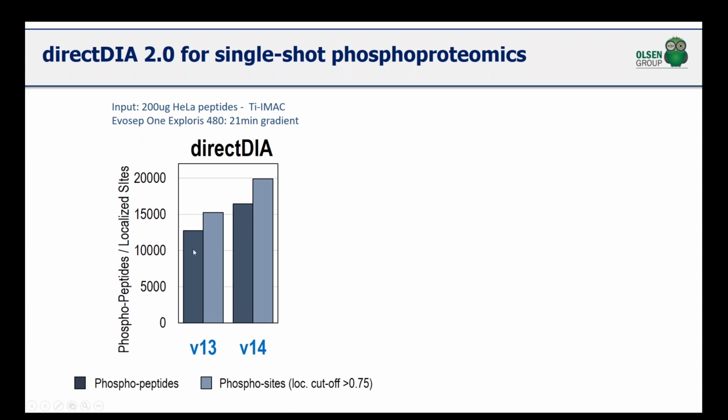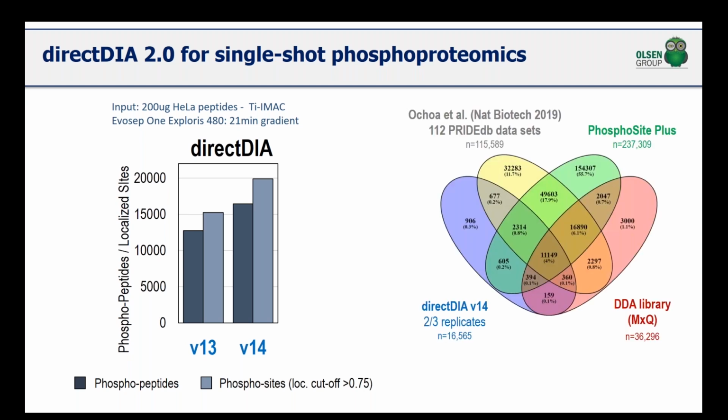So we go from something like 15,000 localized phosphosites in a single analysis of 21 minutes to close to 20,000 localized sites. And this is actually even more than what we typically get using a project-specific library. So it seems like direct DIA is working even better than spectral libraries these days.